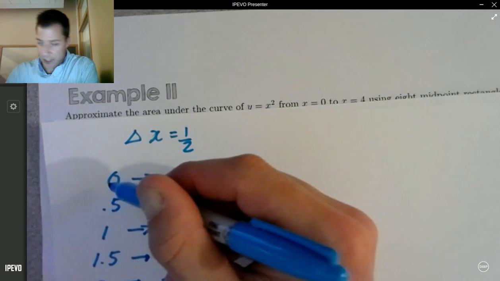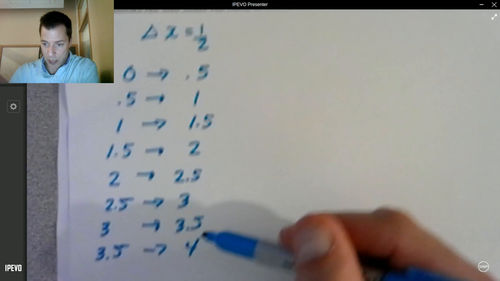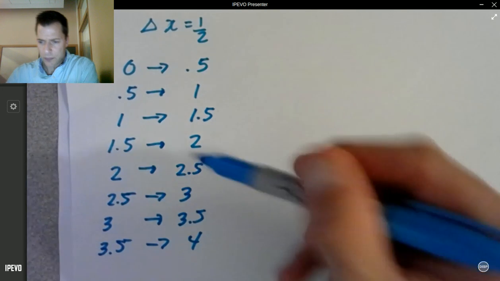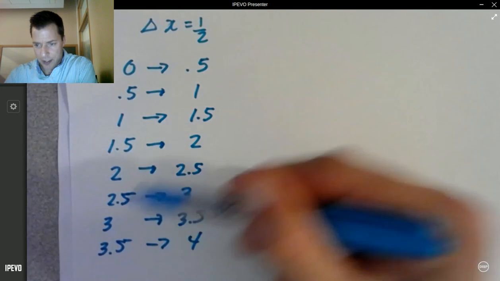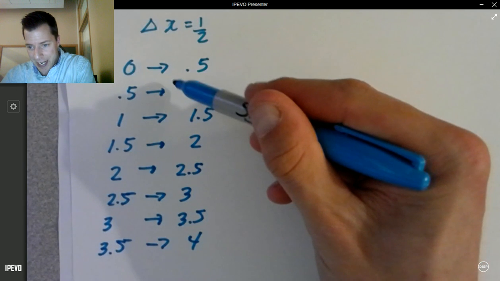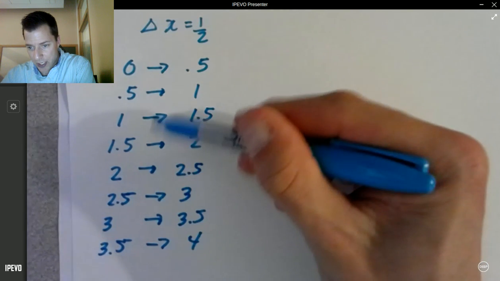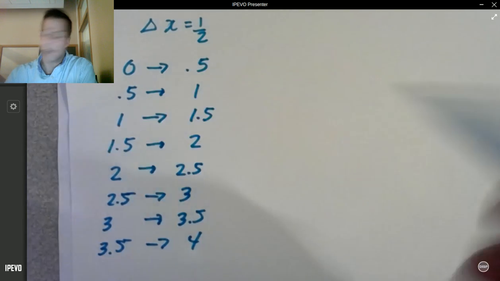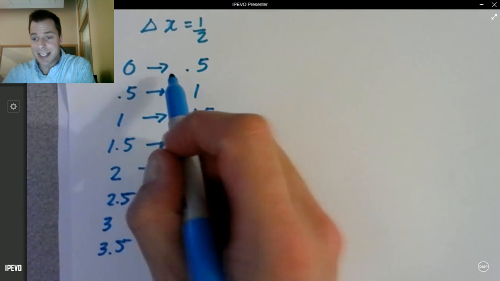My start is at my left endpoint, and then it goes all the way down to my right endpoint. Remember, first video left, second video right. Now we're halfway in between. Halfway between 0 and 0.5 is a quarter.